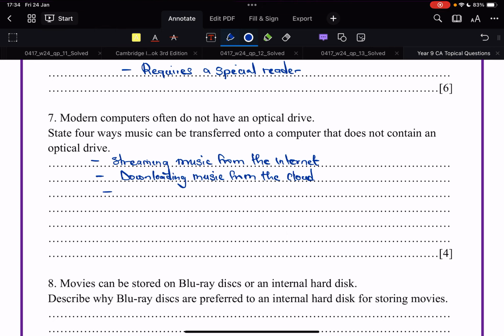It could also be direct input using a microphone.